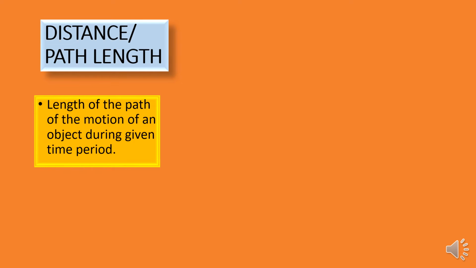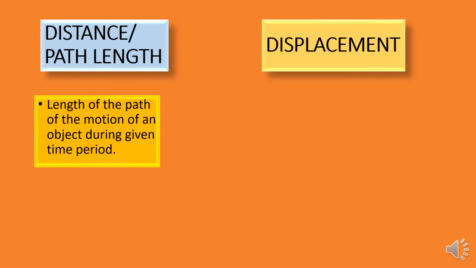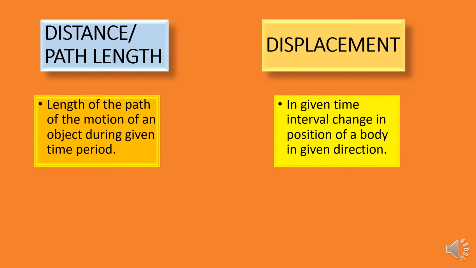Second word which comes under this topic is displacement. Now what is displacement? In a given time interval, मतलब कि एक particular time period के अंदर position of a body in a given direction changes. When a body changes from initial position to final position, that is called displacement.